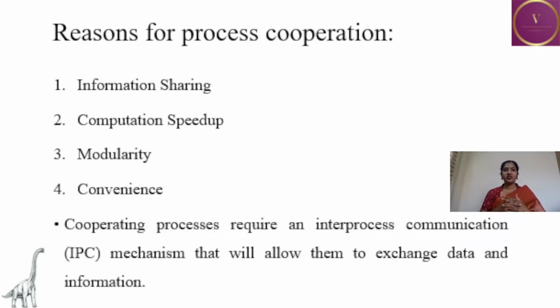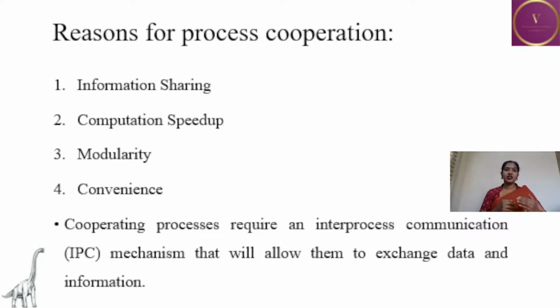So for this purpose, we need process cooperation, as all the processes should run smoothly, and it becomes more convenient for the user when he does all the work simultaneously. So convenience is one main reason why we go for process cooperation.